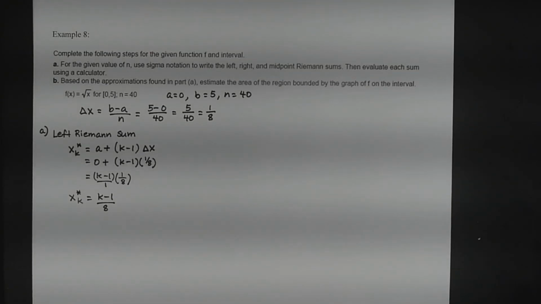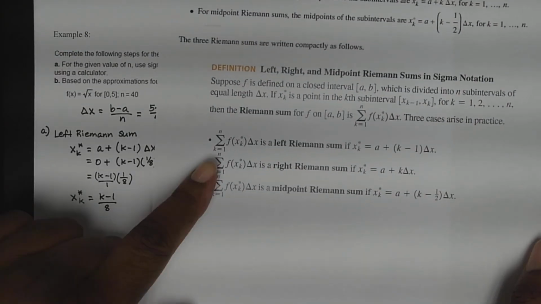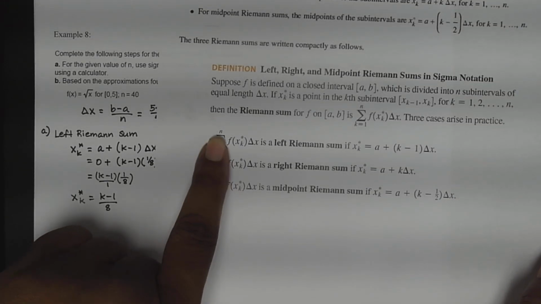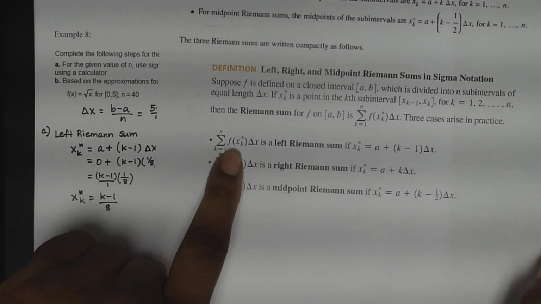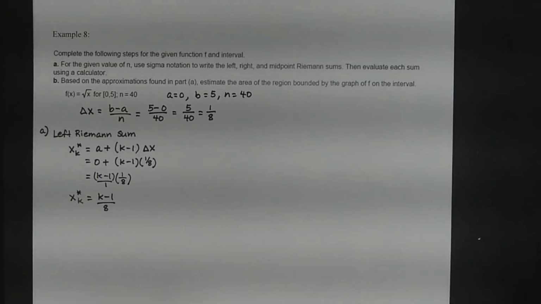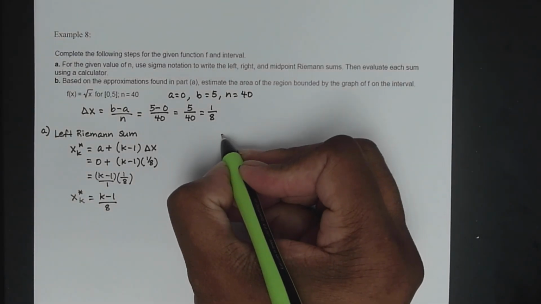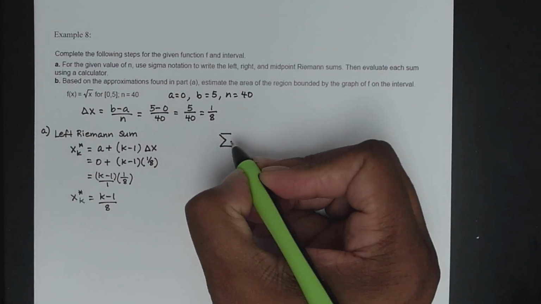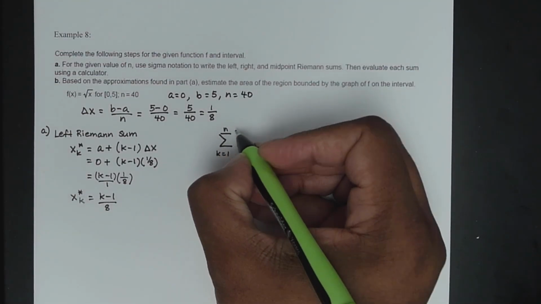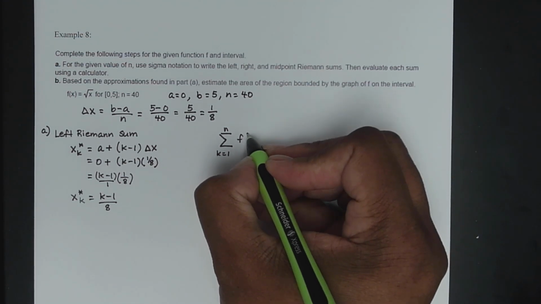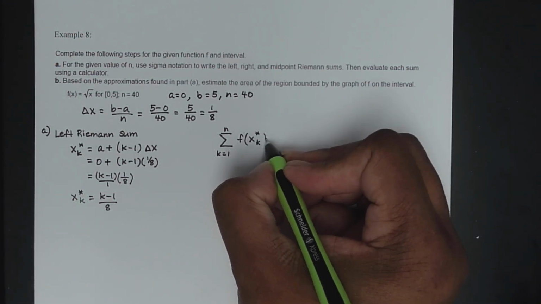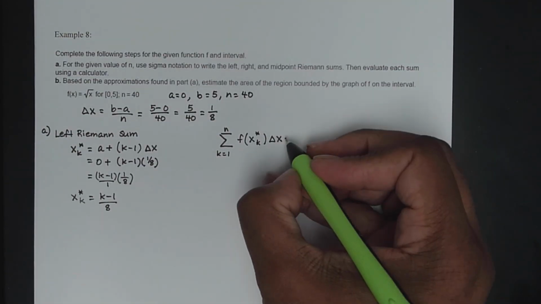So now we're going to use this sigma notation here. The summation for k is equal from 1 to n of f of x star sub k times delta x. And I'll go ahead and write that out. Summation from k is equal to 1 to n of f of x star sub k times delta x.